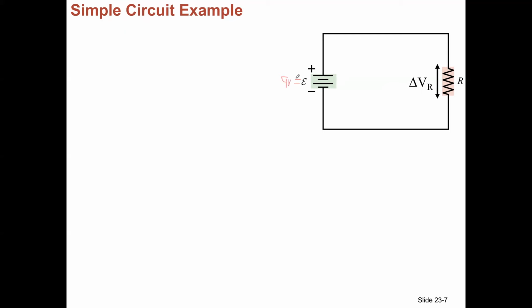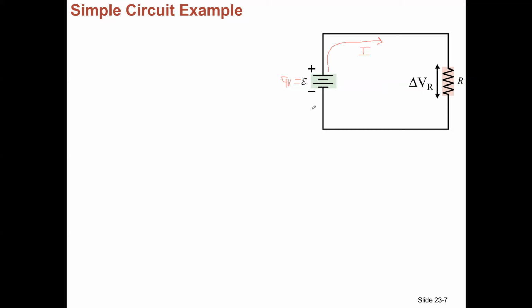So the battery is going to separate charge, and when we connect wires to each side of the battery through the resistor, this whole loop is going to allow current to move. Again, we're going to pretend the positive charges are moving, so we assume current moves this way, from positive to negative.